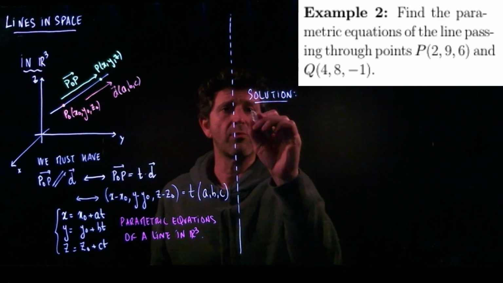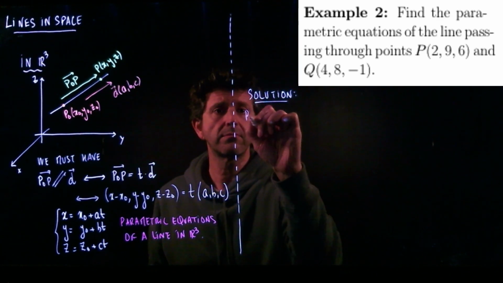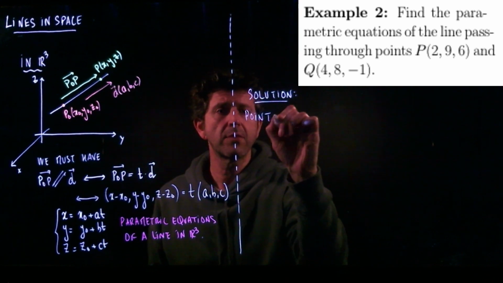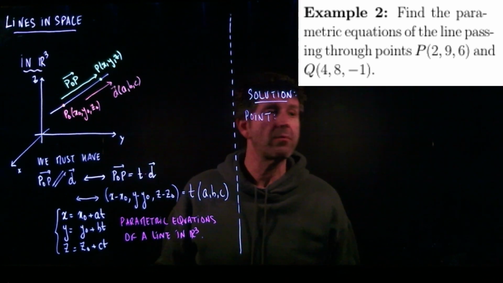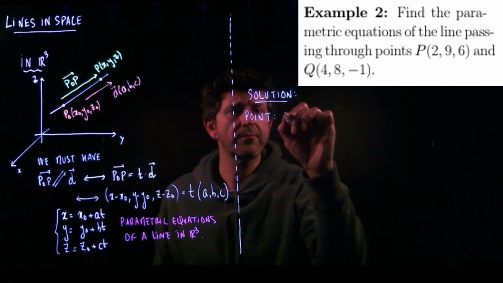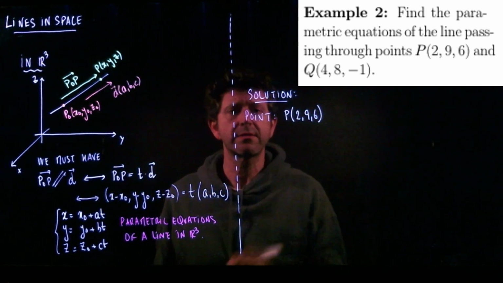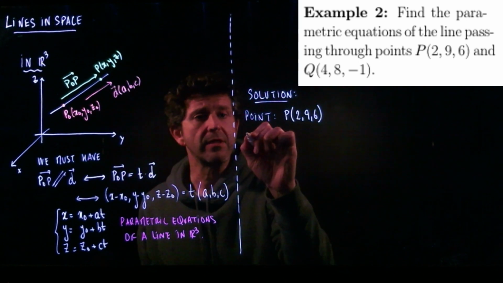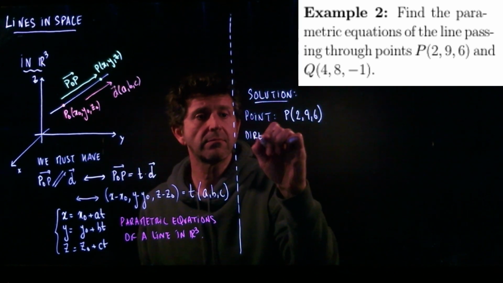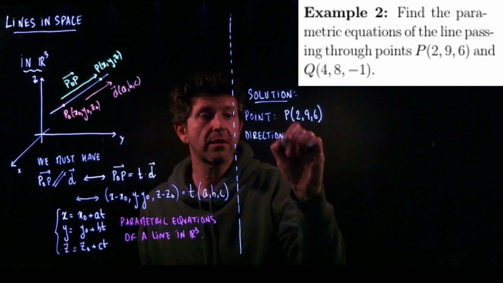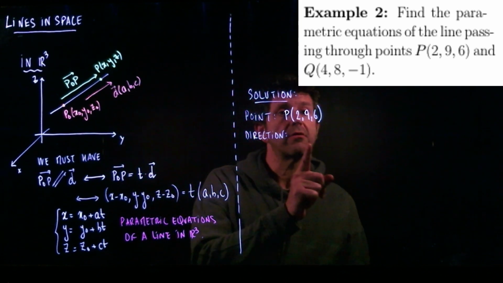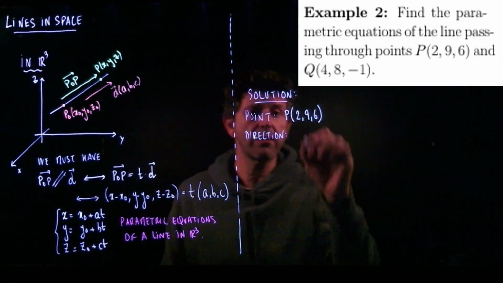So again, I have a point. My point, I will take either P or Q. I'll take P: 2, 9, 6. And the direction, so I don't have a direction, but I'm just going to take vector PQ as a direction.